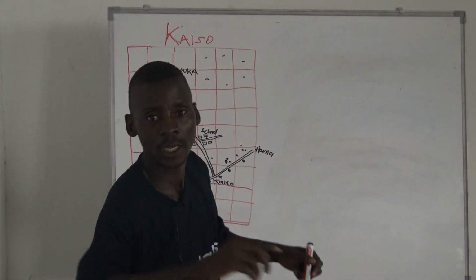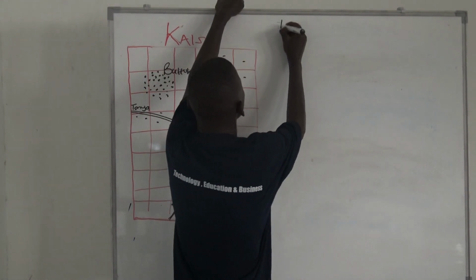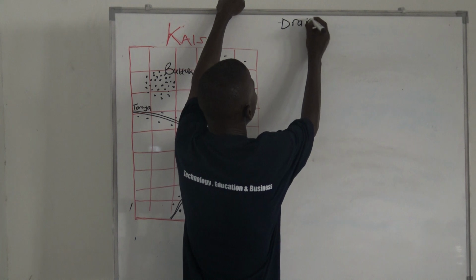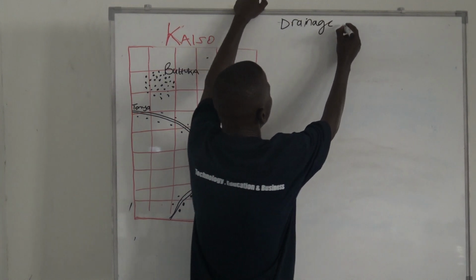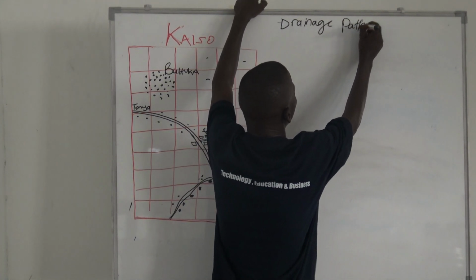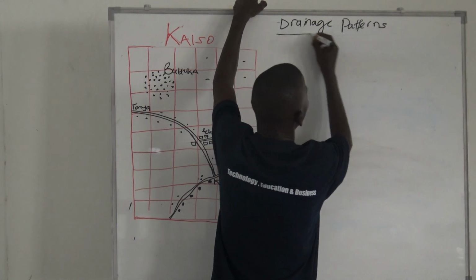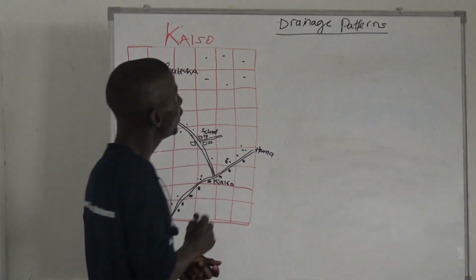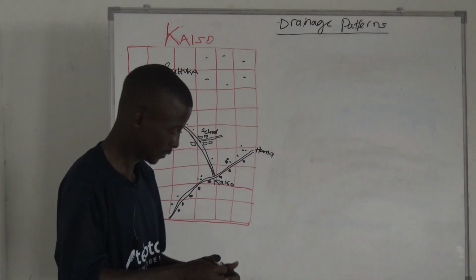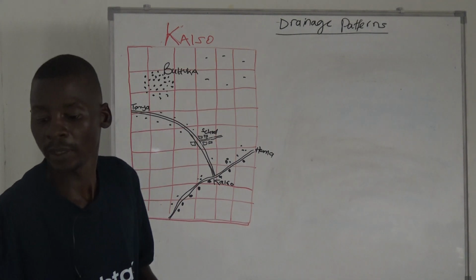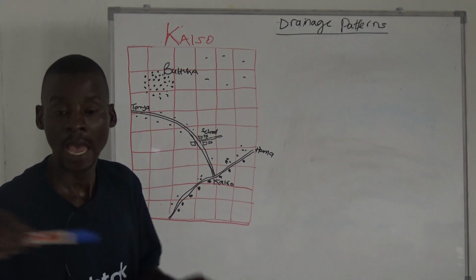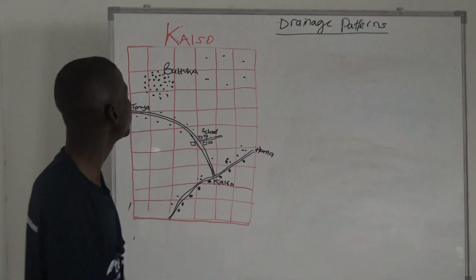Let us look at drainage patterns. The word drainage patterns refers to the display of rivers and their tributaries.